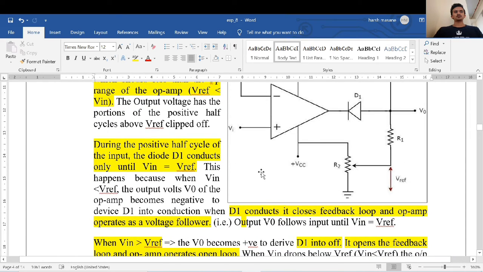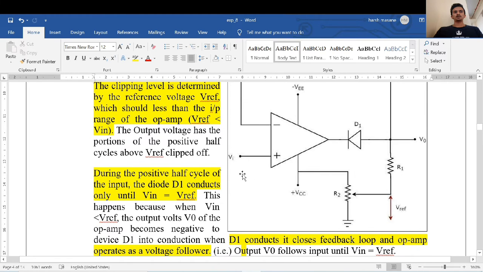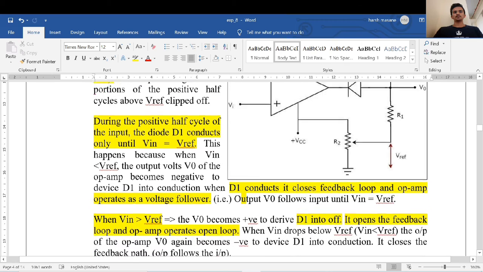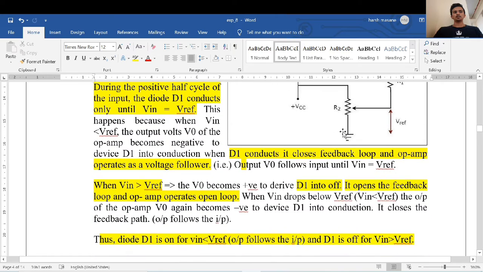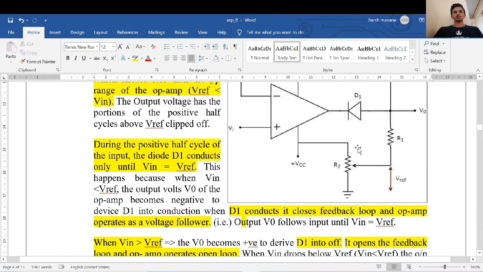So during the positive half cycle of the input, the diode D1 conducts until Vin is equal to Vref. So the diode D1 closes the feedback loop, and the op amp operates as a voltage follower.